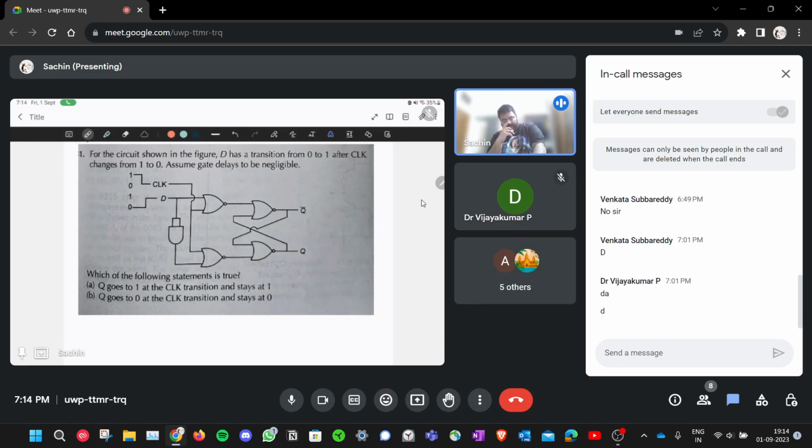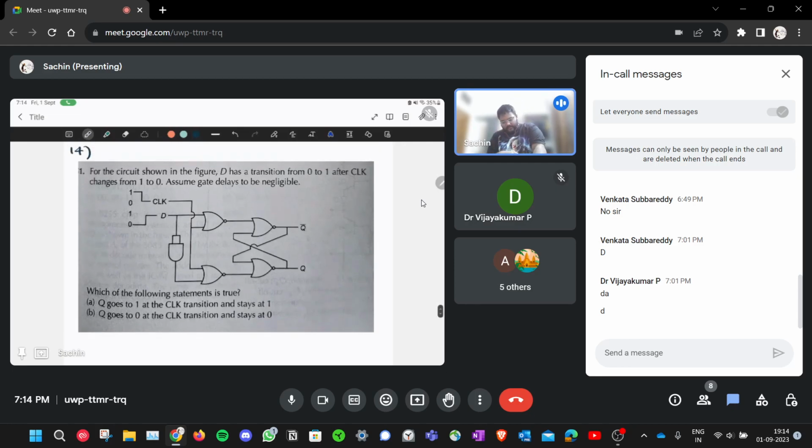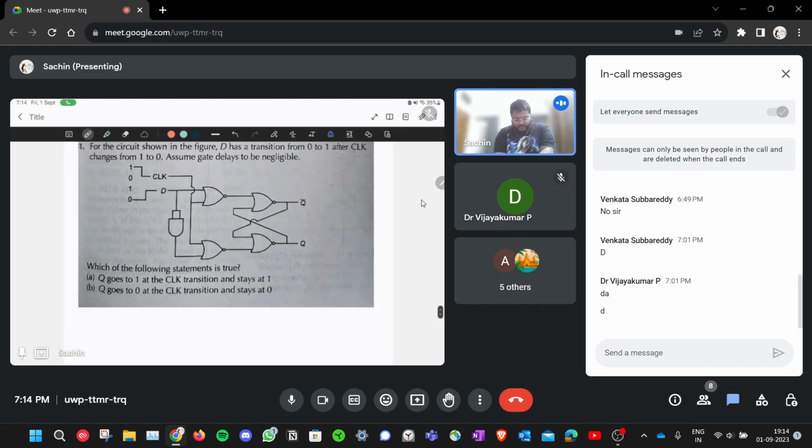Yeah, I think there's a mistake in the circuit. I'm not sure which it is. Whether this is supposed to be a NAND gate or whether this is supposed to be a NAND gate.